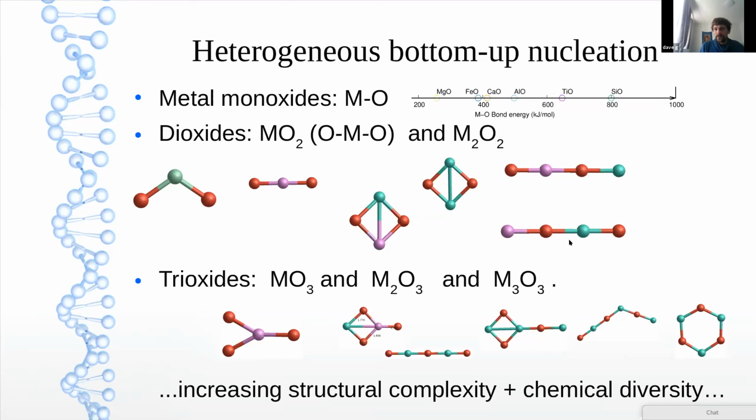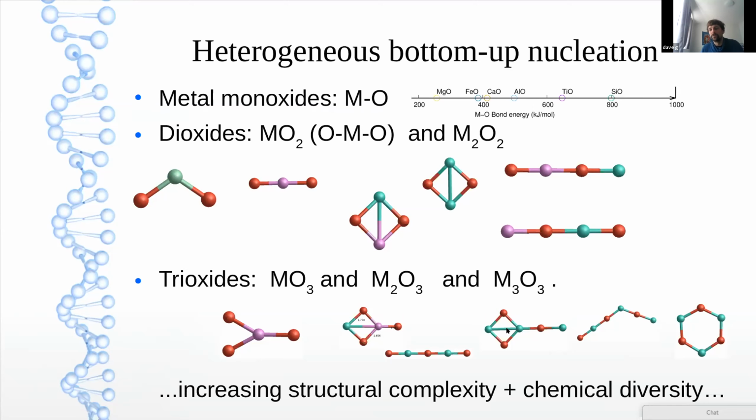But as you increase in size, you get higher and higher structural complexity. And moreover, if you use many metals like I did, silicon, titanium, aluminum, calcium, iron, and magnesium, you will have more and more isomers and also more and more chemical compounds.